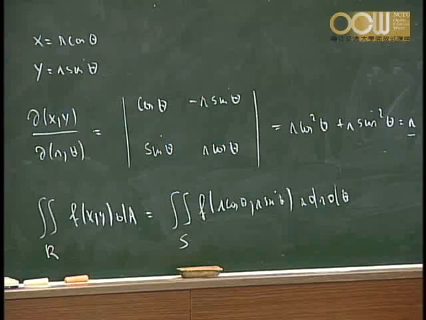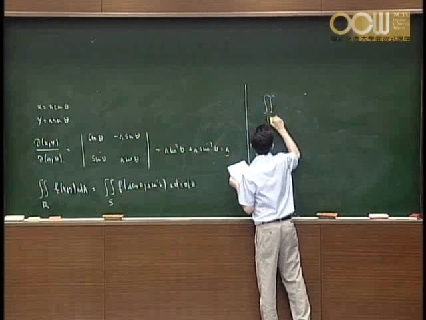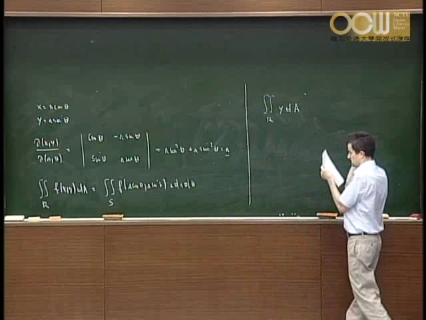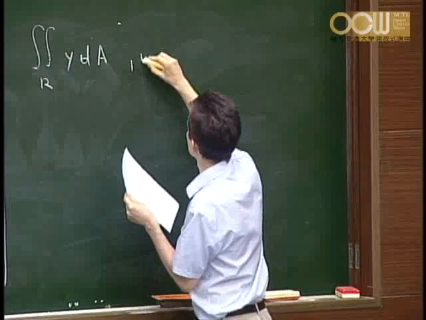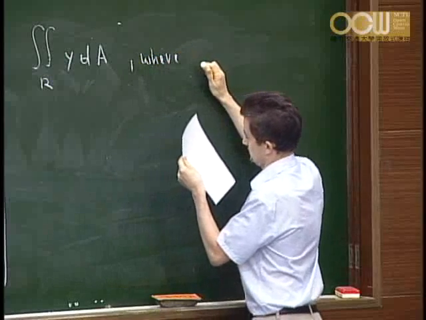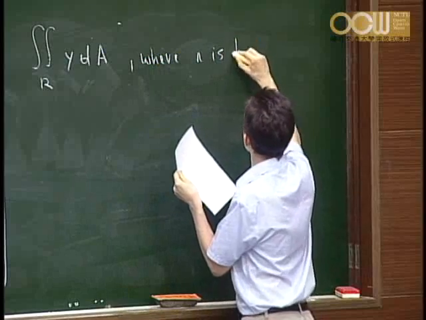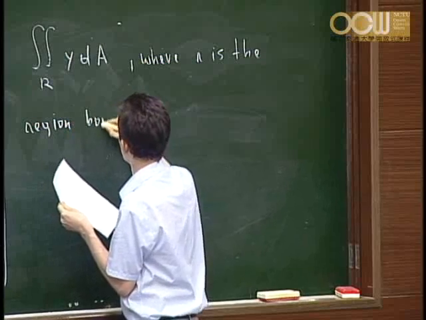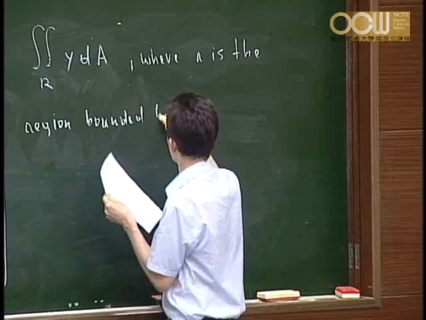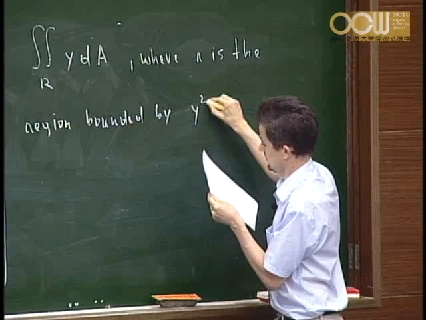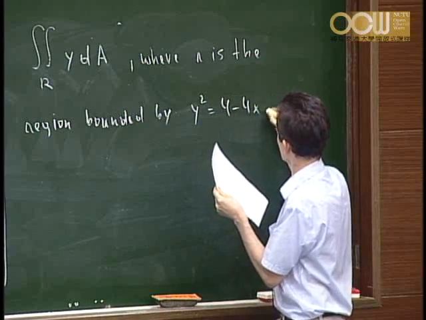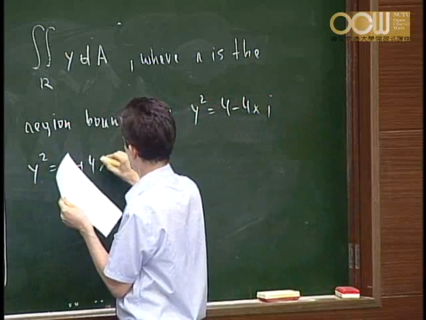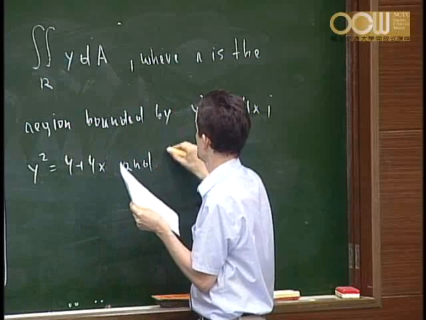Now let's maybe look at some other examples. So let's look at the following example. We are given this double integral where R is the region bounded by y squared is equal to 4 minus 4x, y squared is equal to 4 plus 4x, and the x-axis.